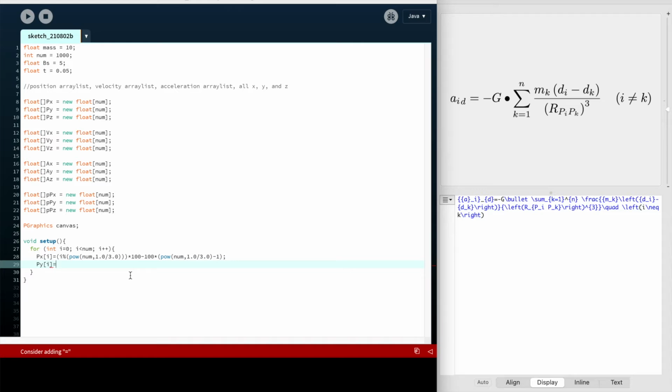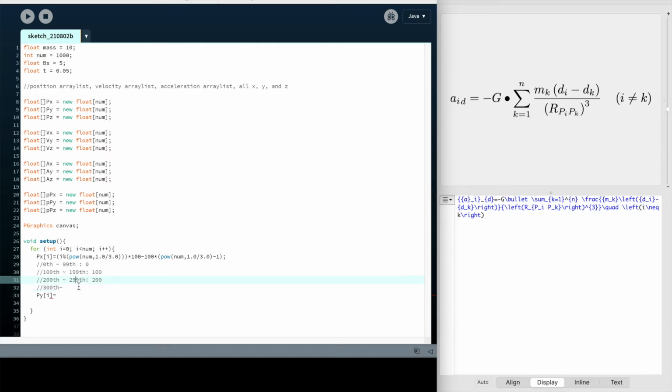So zeros to 99s are assigned a value of 0, and 100s to 199s get a value of 100, and the 200s to 299s get a value of 200, and 300s to 399s will get a value of 300.